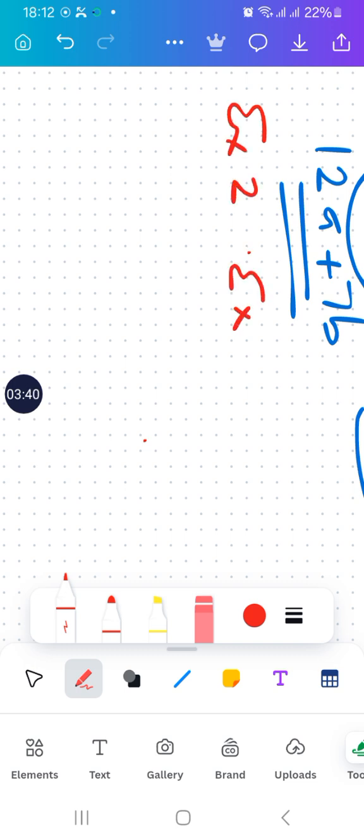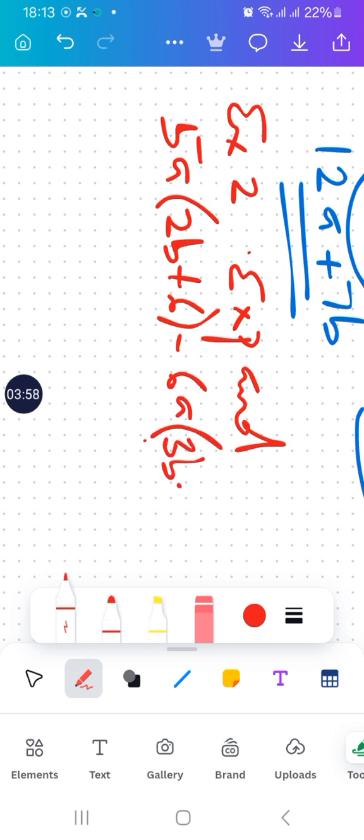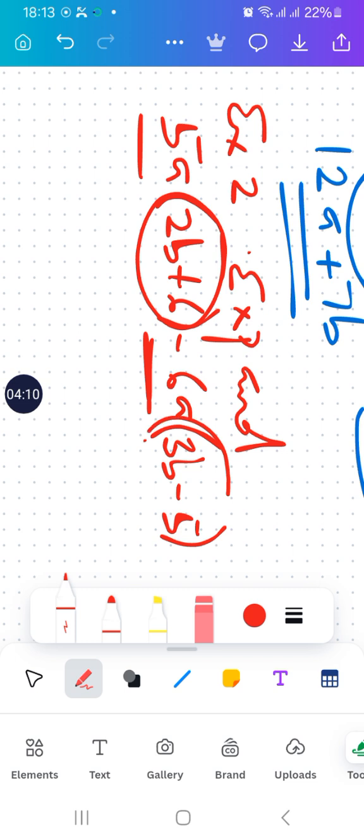We are asked to expand 5a into bracket 2b plus 6, minus 6a into bracket 3b minus 5. So how do we go about this? Like I told you, the very first thing is that 5a is the owner of the first bracket, while this minus 6a is the owner of this second bracket. So we take it one after the other.